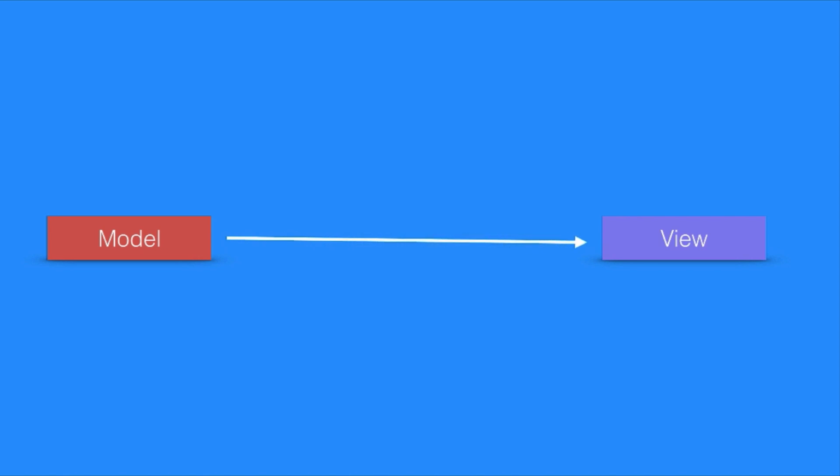So one way would be that the model will simply go to the view and display it. But this is never really a good idea. The reason is that the model class can contain a lot of logic, a lot of business rules that we don't really want to expose to the view. So how can we do it?